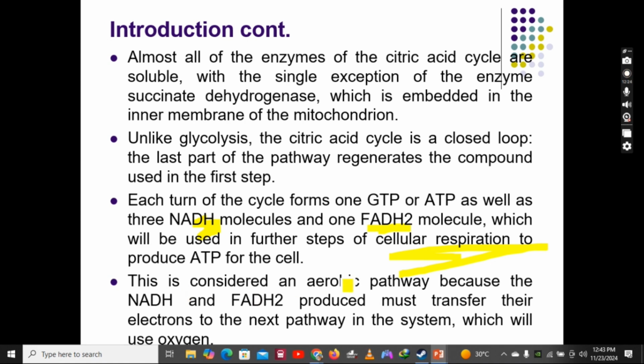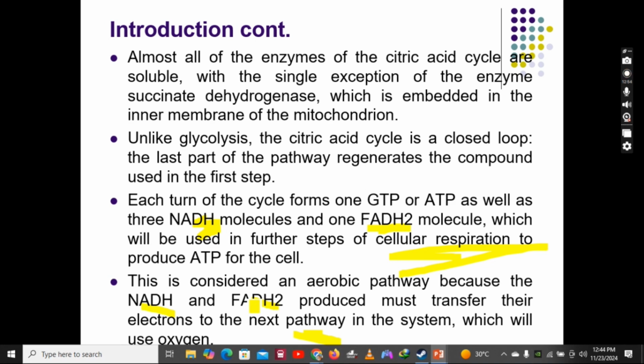This is considered an aerobic pathway because the two molecules, NADH and FADH2, that are produced must transfer their electrons to the next pathway in the system. That next pathway, where these two will transfer their electrons, is the pathway that will require the use of oxygen.